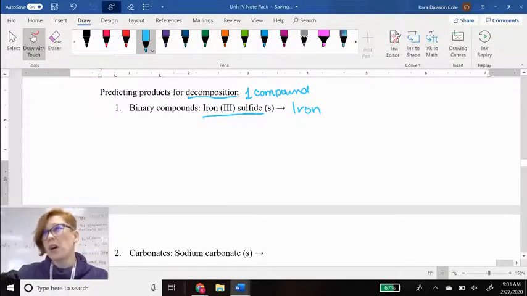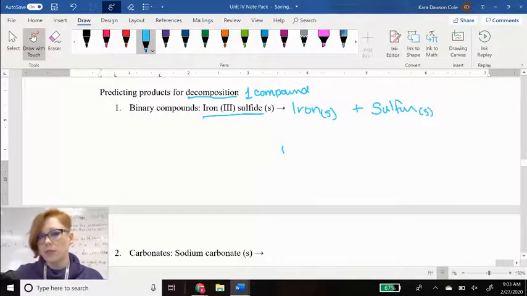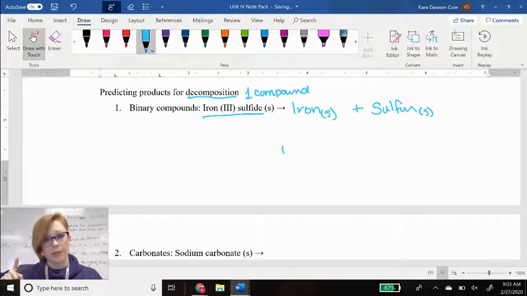I can look on my periodic table in my classroom and say that is a black element, so this would be a solid. So solid iron, plus sulfide, which is the ion name for sulfur. So the element here is sulfur, and it is also a solid. So iron 3 sulfide breaks up into iron and sulfur.